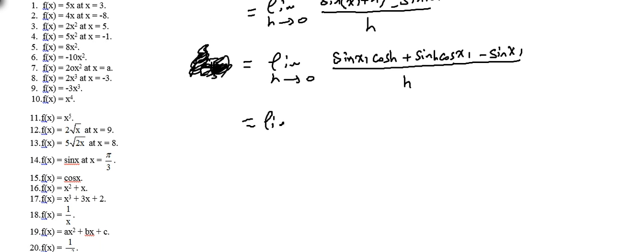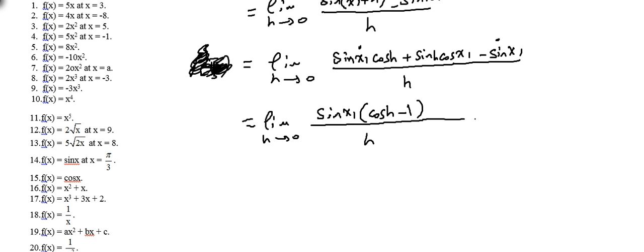So it's the limit as h tends to 0. Let's take sine x1 as a common factor between this term and this one. We are left with sine x1 times cosine h minus 1, plus, over h alone, the limit as h tends to 0 of sine h times cosine x1 over h.